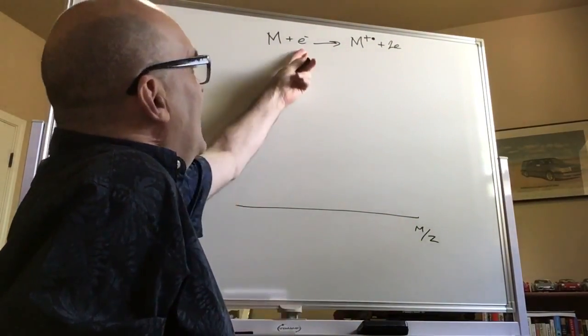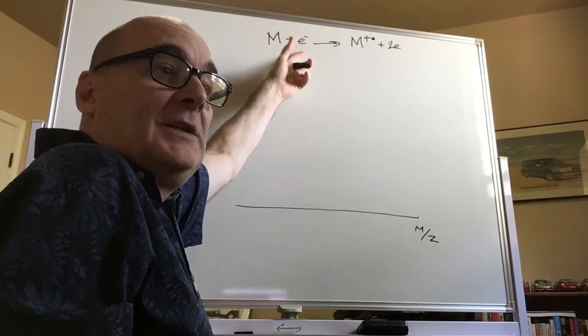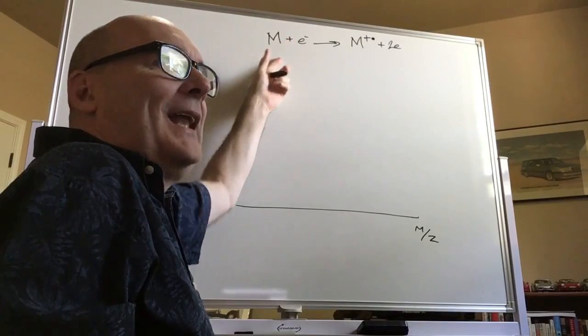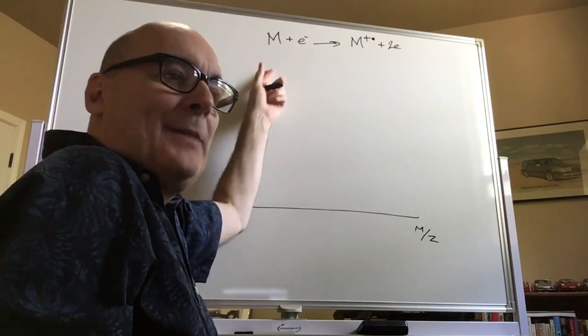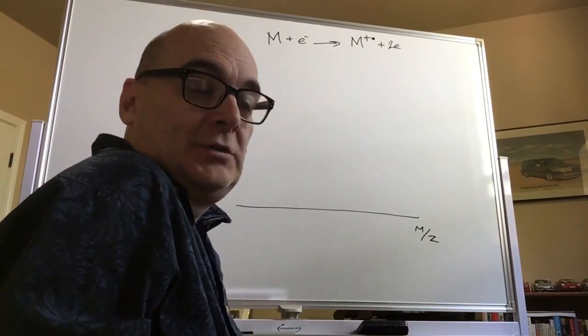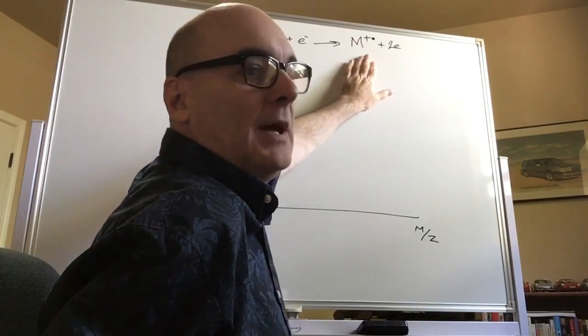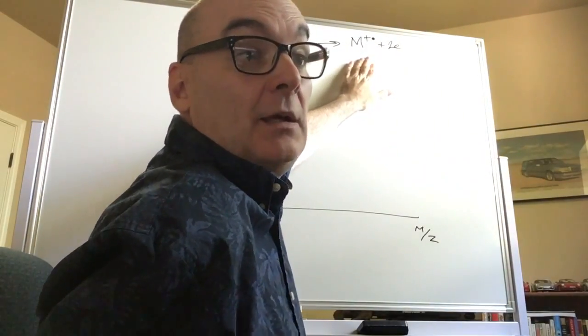The electron that comes in is going to be at a sufficient energy that it doesn't get captured by this molecule. It knocks an electron out of this molecule. So now my molecule has an unpaired number of electrons, probably.